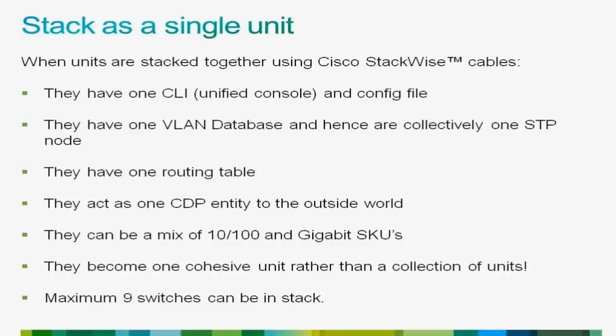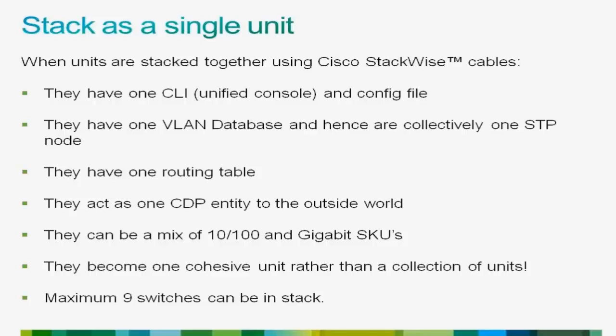They also have one VLAN database. Let's say you're getting a VLAN from a neighbor switch via VTP. It's going to be installed in the master switch, which will be synced up with all the other slaves. And the entire stack will be considered as one STP node.